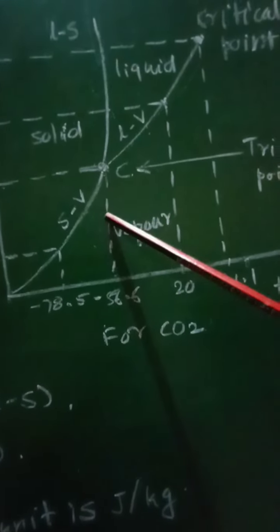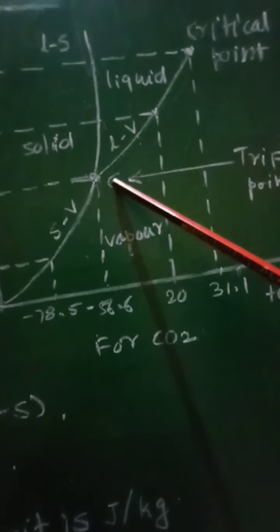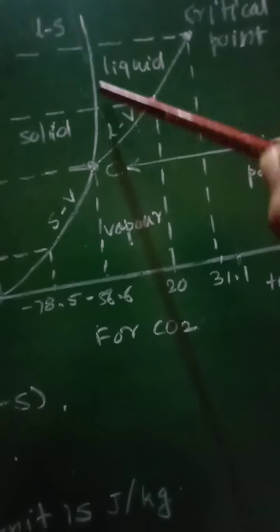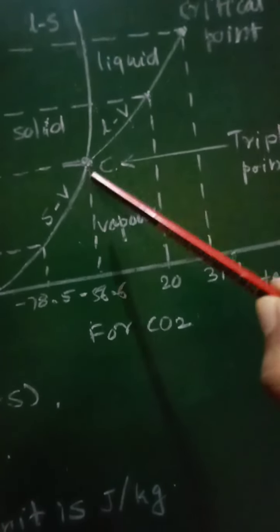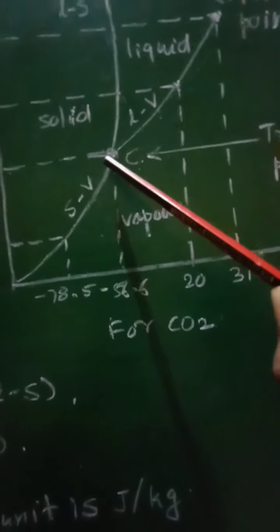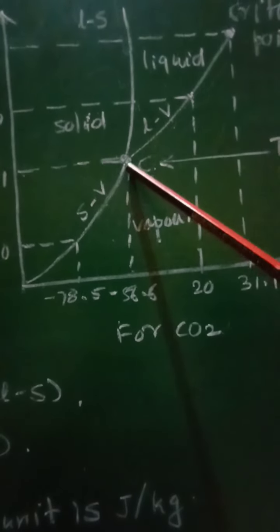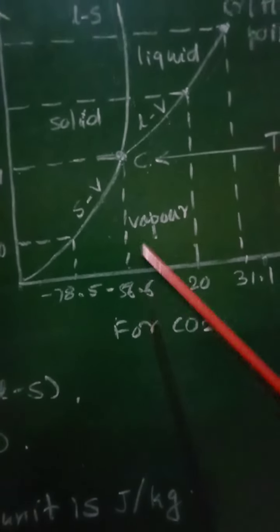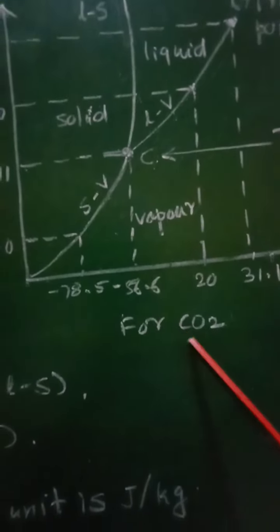Similarly, in the case of CO2, the sublimation curve, the vaporization curve and the fusion curve again meet at a single point C, and that point C is the triple point for CO2.